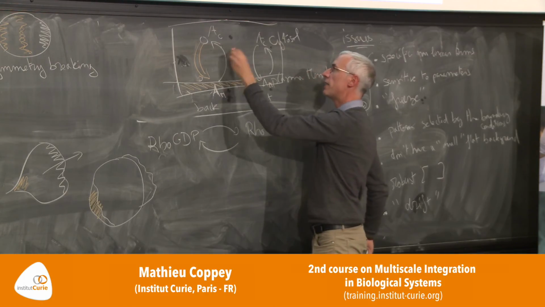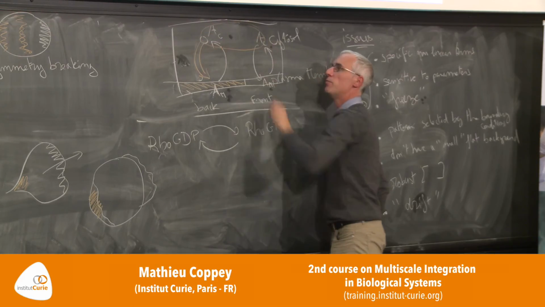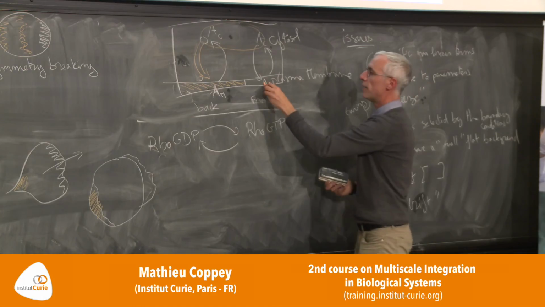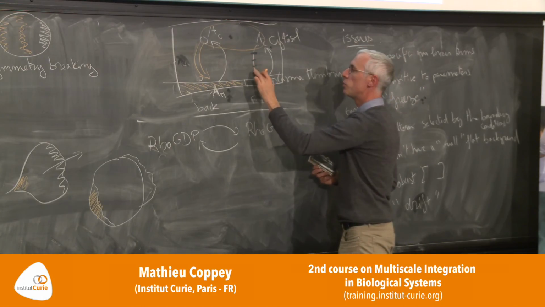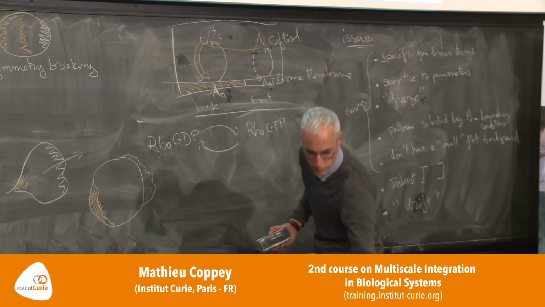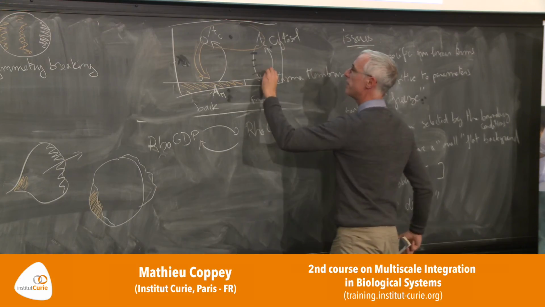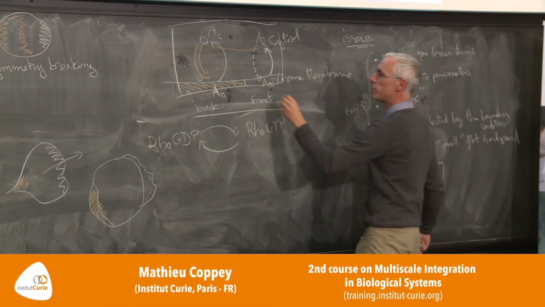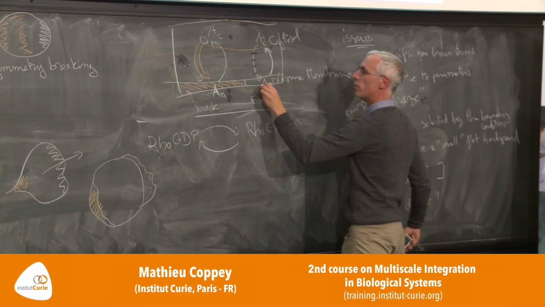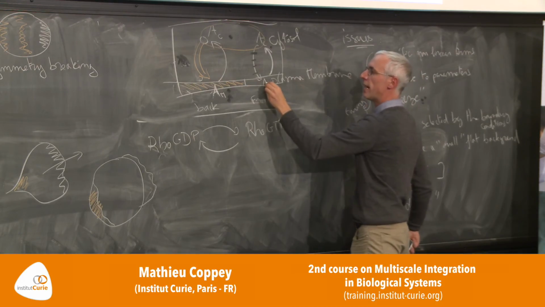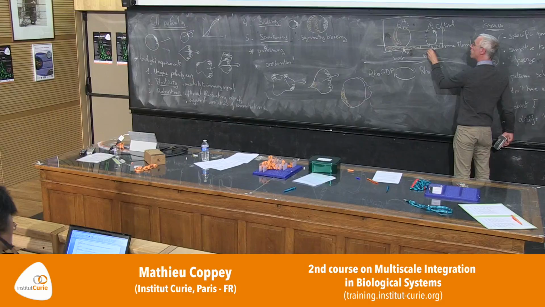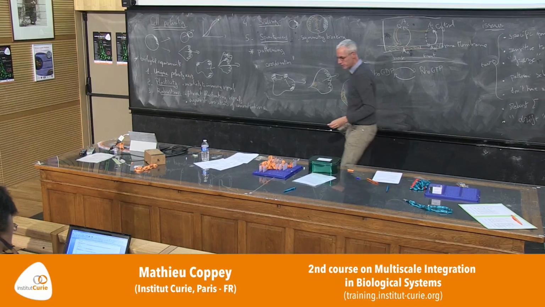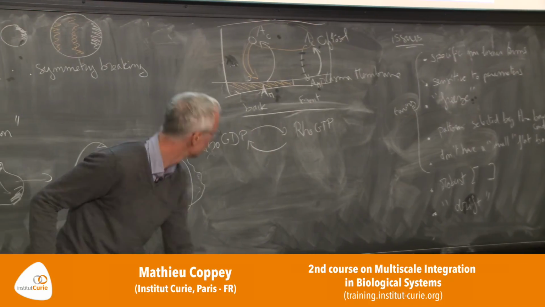And since this one shares the same pool, it's the same cytoplasm, it is going to affect the balance here. So this arrow is going to get lower, and this one will be reinforced, which means that you are going to deplete the level of the membrane-bound form away from the back. And this is something you can simply express.